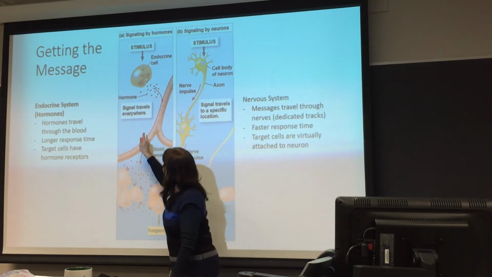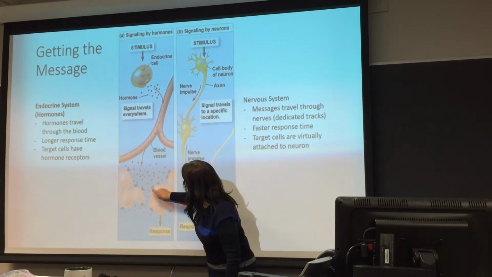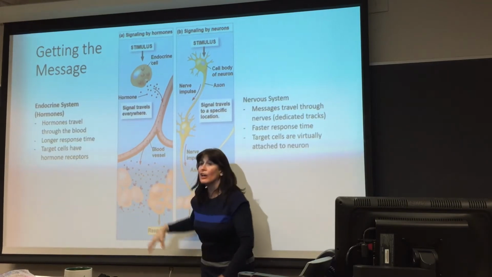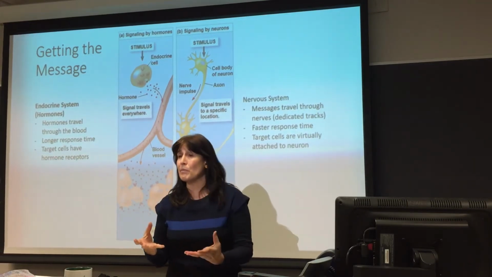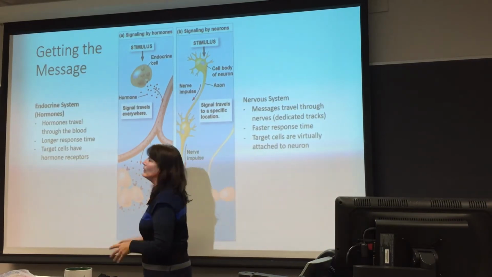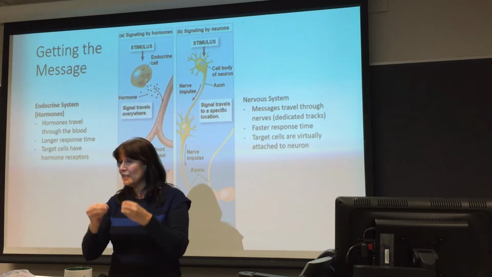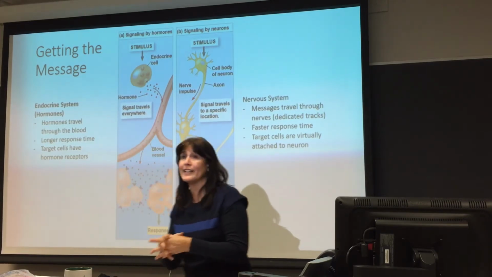So where that hormone has to act, only those cells that have receptor sites on them are going to be the ones that respond to that hormone. So the way it's linked up is through the circulatory system, and the response is only to cells that have receptor sites on them.